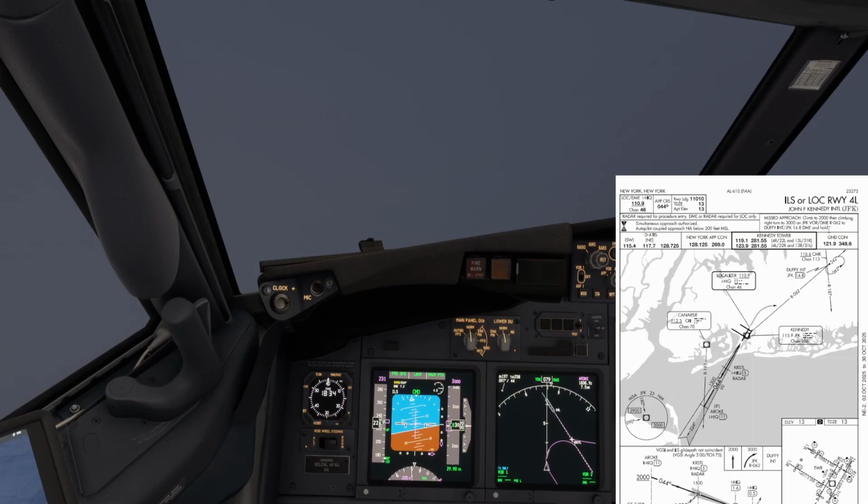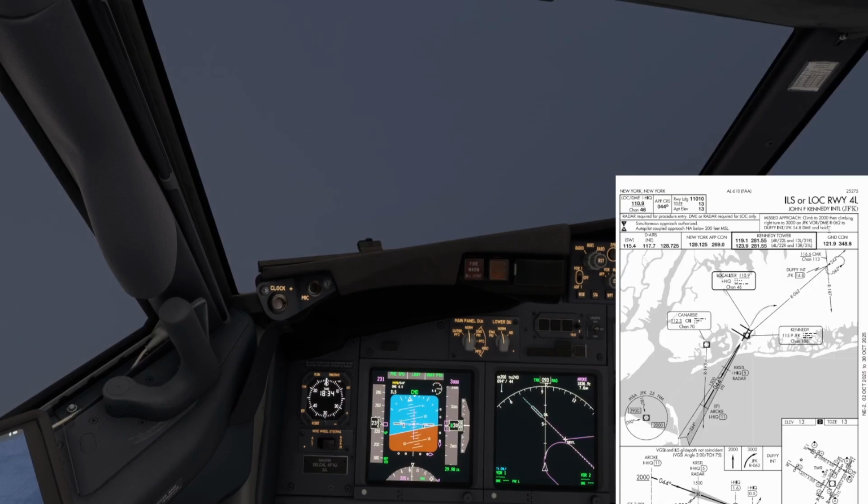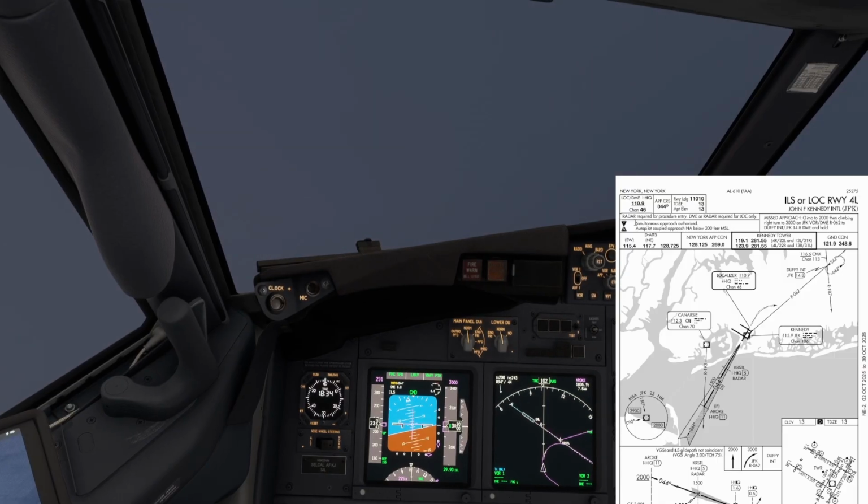They don't want you going anywhere. They don't want you doing one lap and then trying to resequence yourself. And odds are, if you have to go missed, they're probably never going to tell you to fly the published missed. They're going to say runway heading, 3000, and contact departure, and then they're just going to vector you back around.